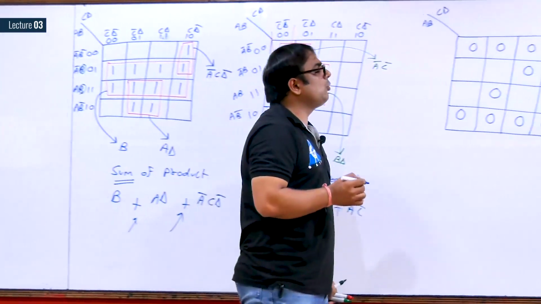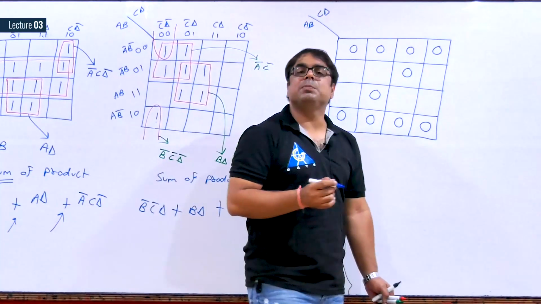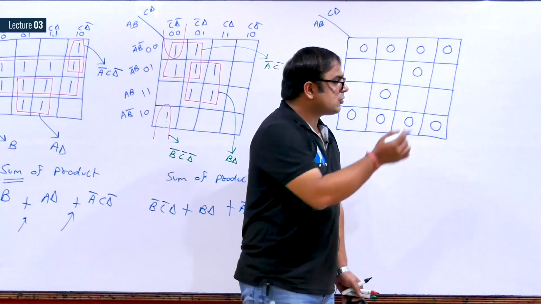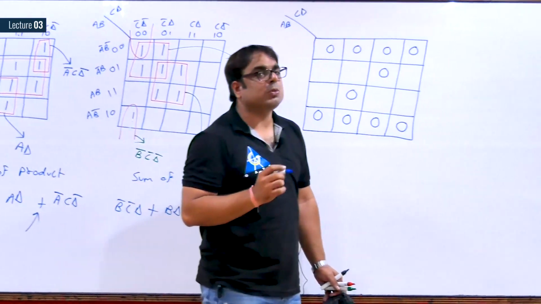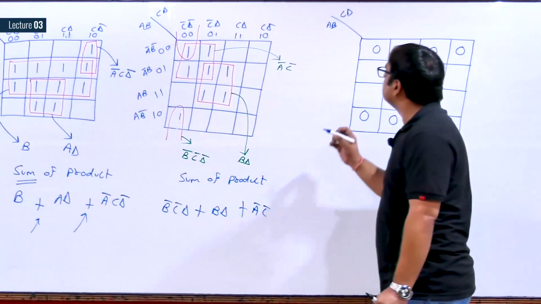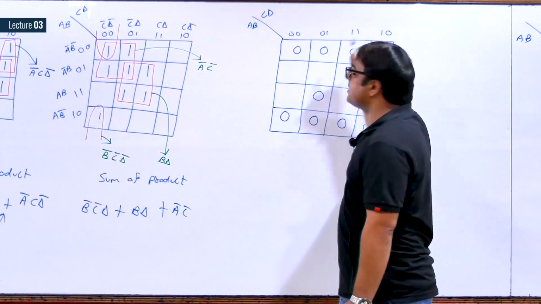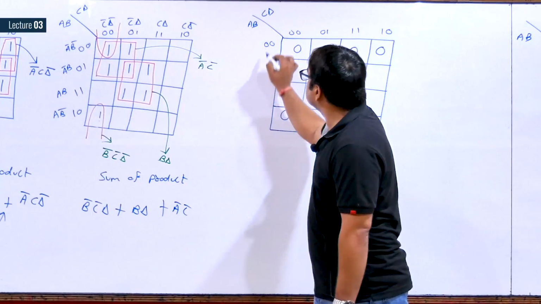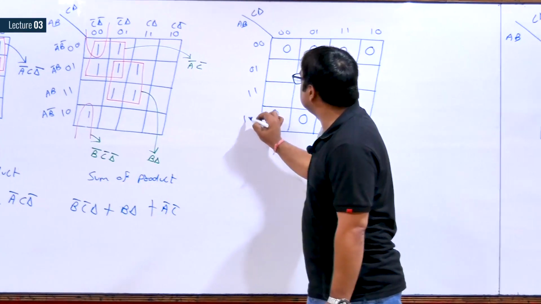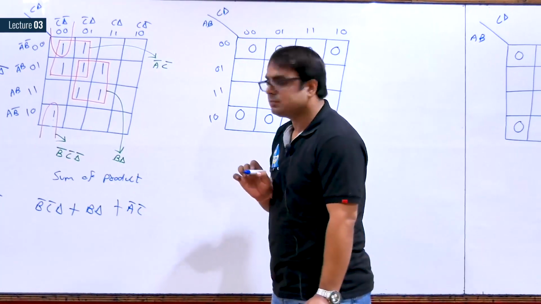Let us solve these two questions using POS. First of all, the structure: 0 0 0 1 1 1 1 0 0 0 0 1 1 1 1 0.